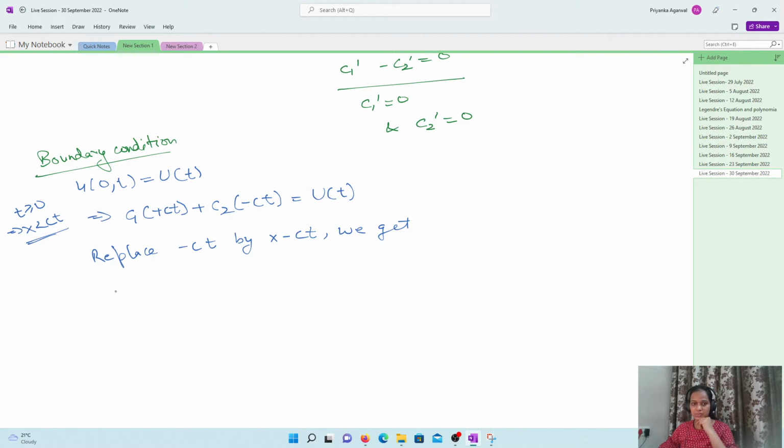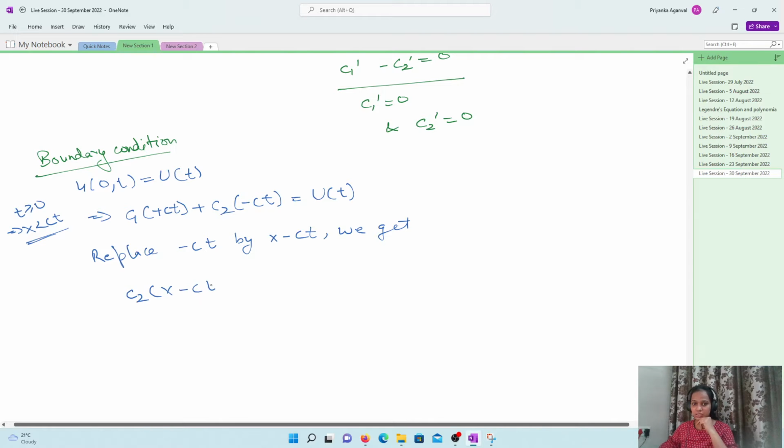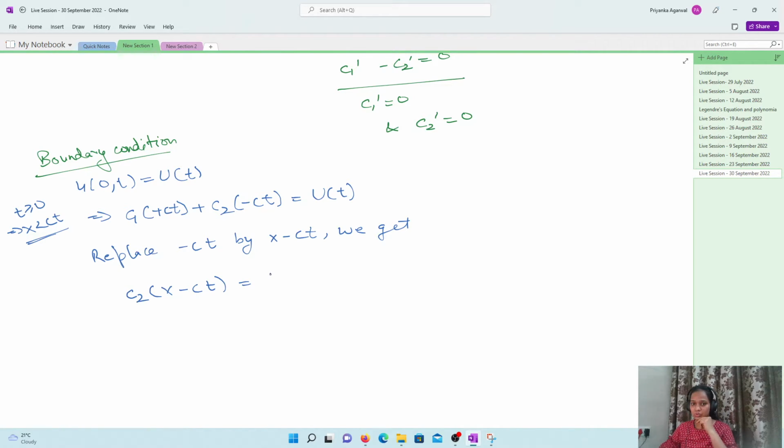So we are replacing minus ct by x minus ct, okay. So now this becomes c2 of x minus ct equals u of t, which can be written as u of t minus x by c, and then minus c1 of ct minus x.